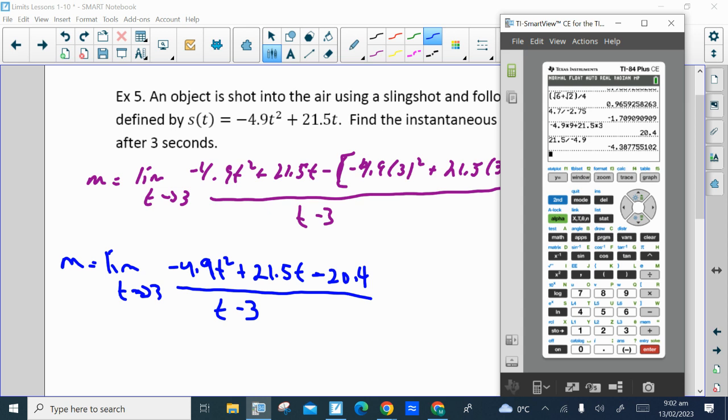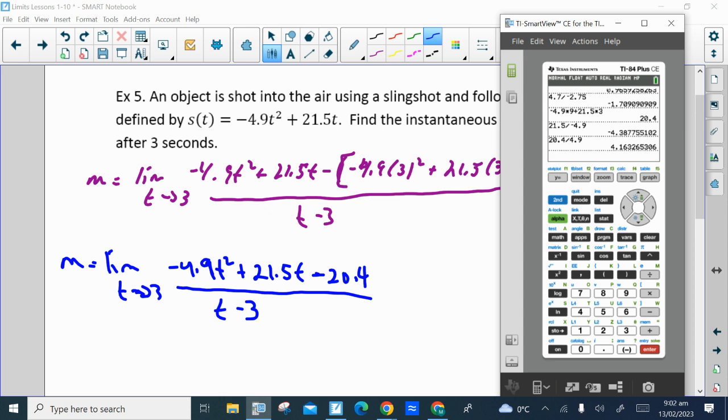And same thing with 20.4 divided by negative 4.9, but it doesn't really matter whether it's positive or negative. When you divide them out, you get those decimals. So taking out a common factor of negative 4.9 would not allow us to factor the trinomial.